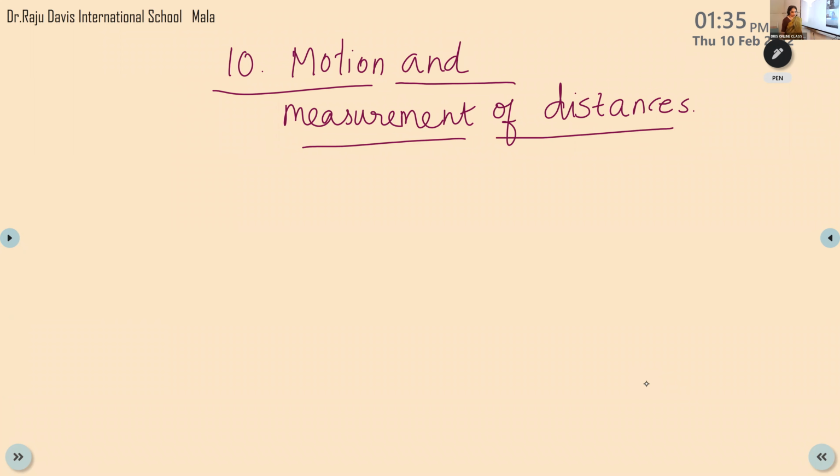Okay, rotational motion is the next one. Yes, somebody is asking something. Ma'am, fourth one. Yes, periodic motion. So rectilinear motion, circular motion, rotational motion, then periodic motion. If you know the names, it will be very helpful.